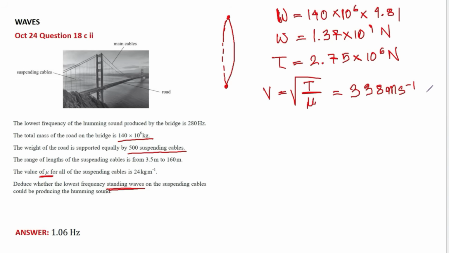What now? Okay. So the range of the lengths of the suspending cables is from 3.5 meter to 160 meter. But the question clearly says the lowest frequency standing wave. Always remember, the lowest frequency standing wave will be formed by the cable that has the longest length, because length is inversely proportional to frequency.